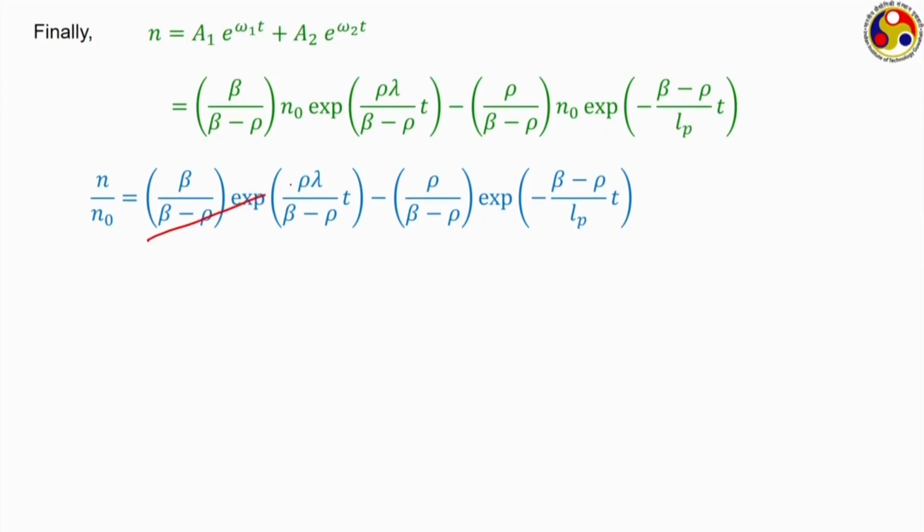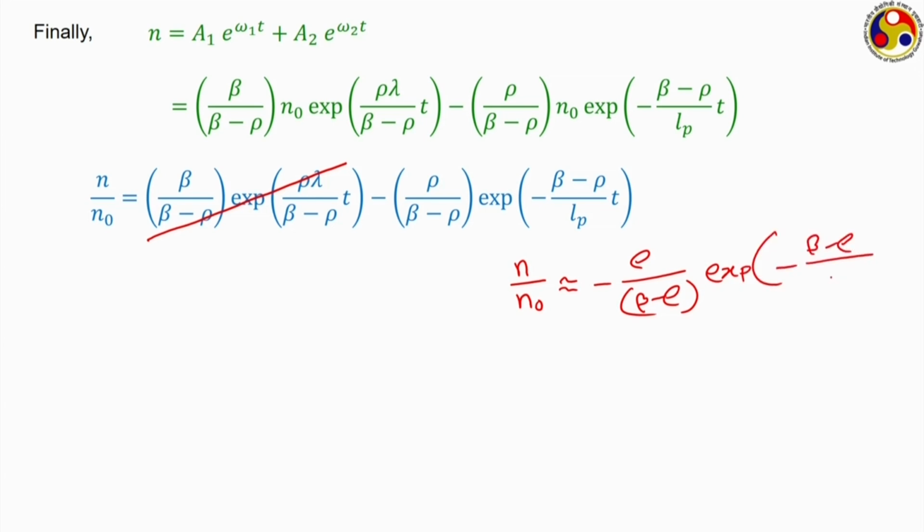Now, omega 1 being such a small quantity compared to omega 2 as per our assumptions, let us completely neglect this term. In that case, n upon n naught is approximately equal to minus rho upon beta minus rho into exponential of minus beta minus rho upon L p into t. And let us just analyze this particular term.